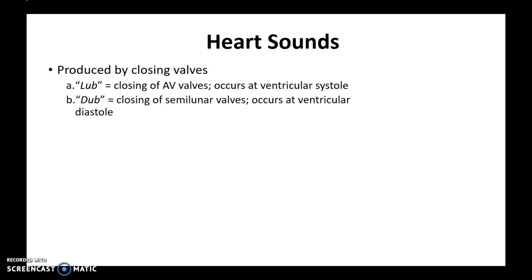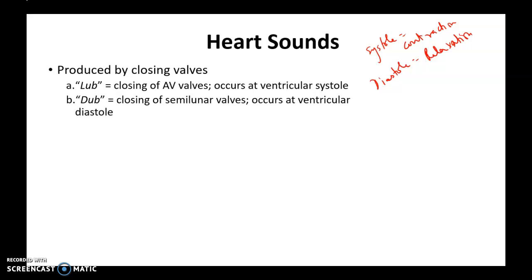In this regard, two terms, systole and diastole. Systole is a fancy term for contraction, and diastole is a fancy term for relaxation. So, when the ventricles are contracting, can you imagine the ventricles contracting? It'll push blood out of the ventricles, right?